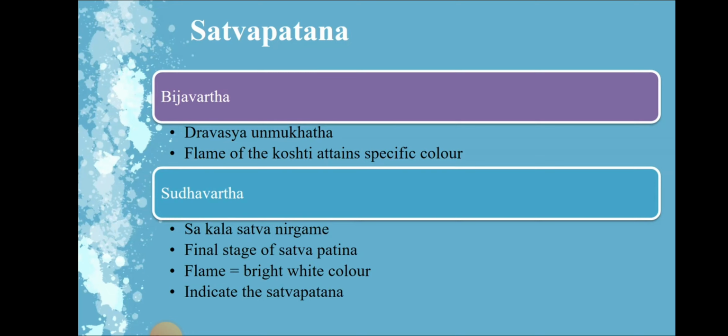The next stage is Shuddhavarta, the final stage of sattva, in which the flame will be bright white in color. This indicates that the sattva has been extracted from the mineral.